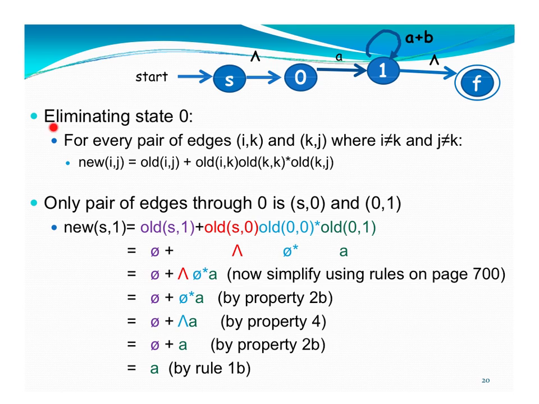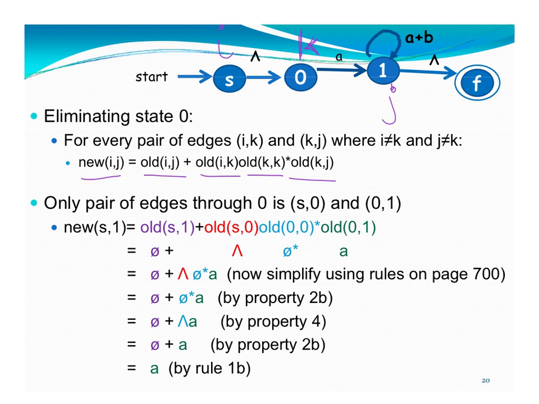So remember, I've decided to eliminate state 0 because I felt like eliminating state 0 first. And here's my rule. It says for every pair of edges, and so on, so you can read that for a minute. And we decided that state 0 was going to be my k, and state s is going to be my I, and state 1 is my j. And this says the new I to j is the old I to j plus the old I to k concatenated with the old k to k starred concatenated with the old k to j.